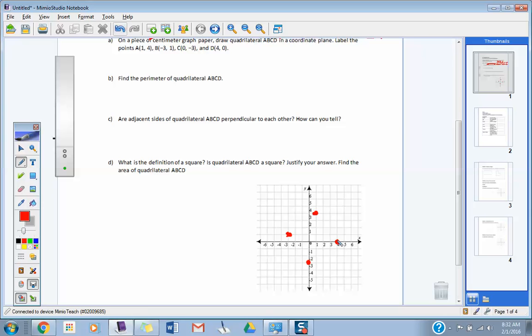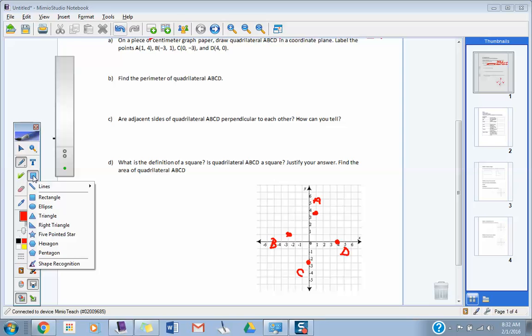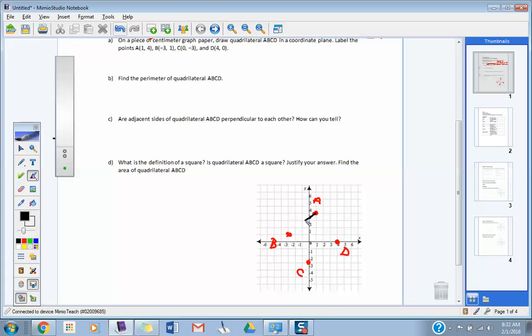Okay, so I'm going to label these A, B, C, and D. I'm just going to sketch this in here real quickly. Do my best to sketch this. That didn't work out very well, did it?